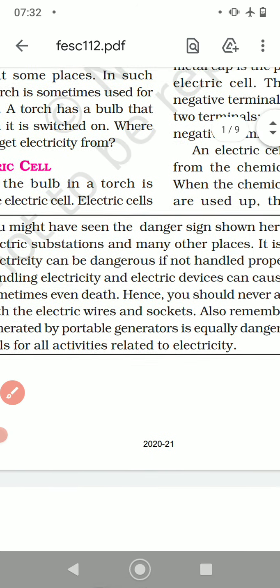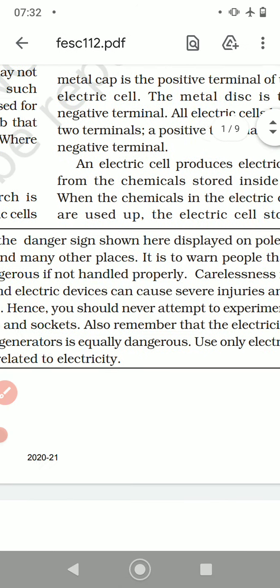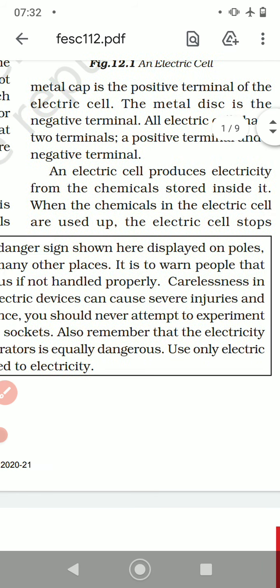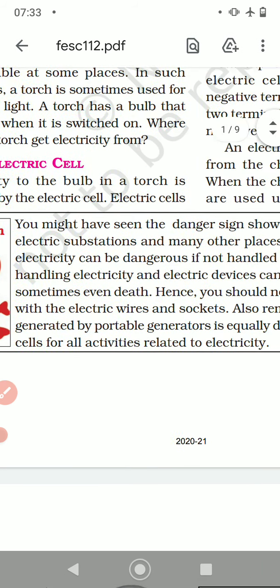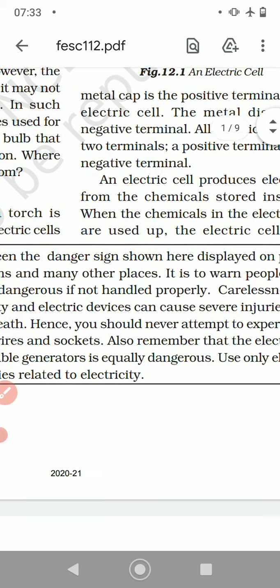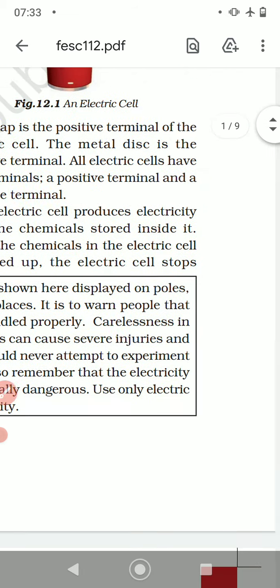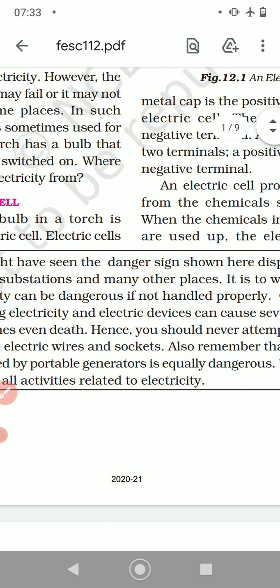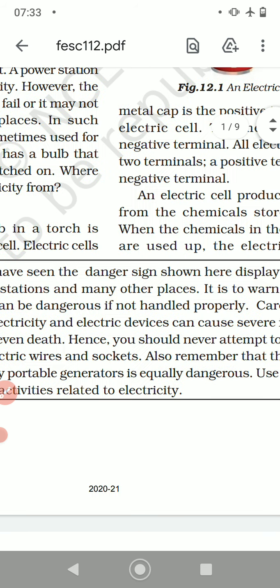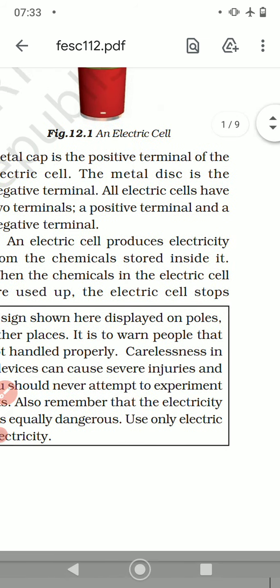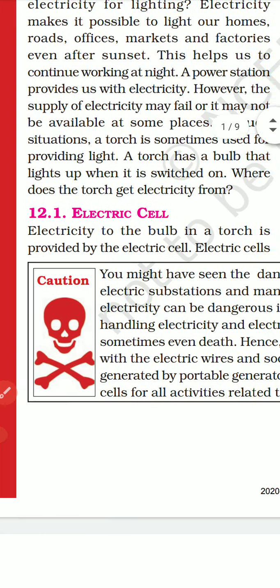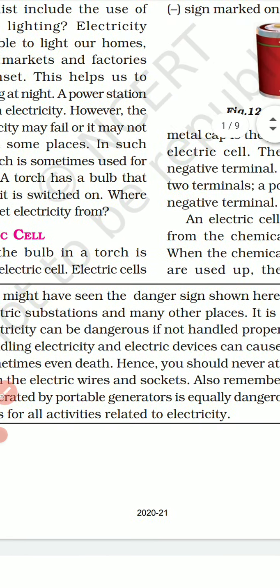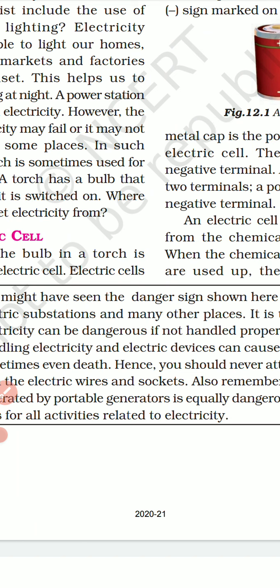Electricity can be dangerous if not handled properly. Carelessness in handling electricity and electric devices can cause severe injuries and sometimes even death. Hence you should never attempt to experiment with electric wires and sockets. Don't try to put anything inside the sockets. Don't try to touch the wires. Okay?